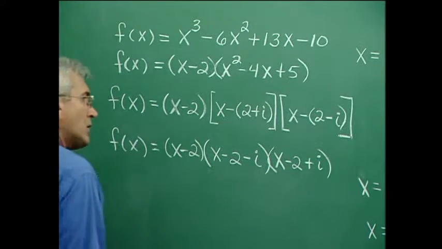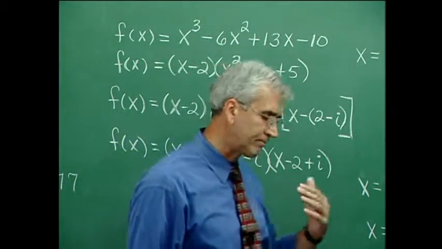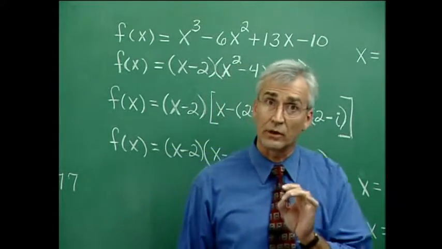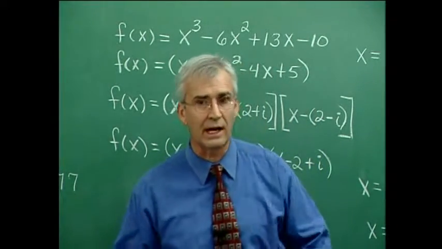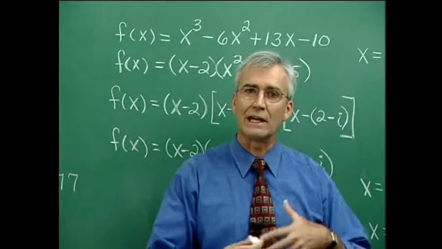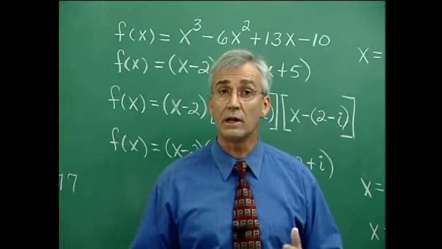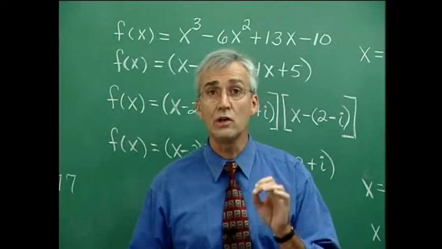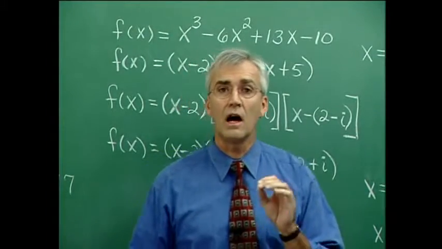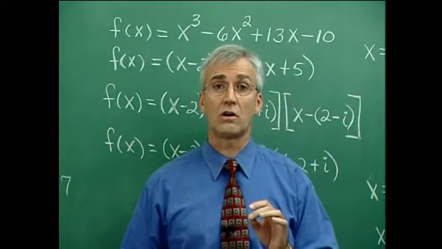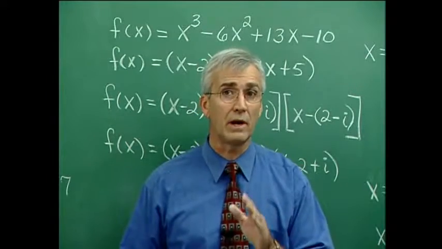And notice that the complex zeros, the 2 plus or minus i, will kind of naturally, in the flow of things here, appear in conjugate pairs. And that is universally true, that complex zeros occur always in conjugate pairs.